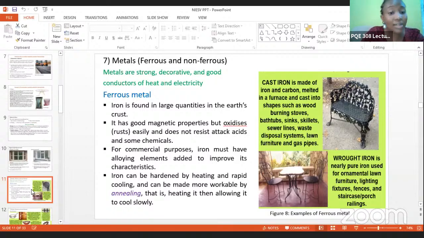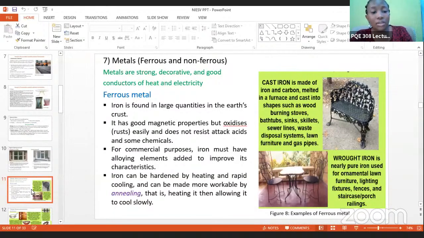Of course, metals are strong, they are decorative, they are conductors of heat and electricity. So we have examples of ferrous metals and examples of non-ferrous metals. For the ferrous metals, we have cast iron, wrought iron, mild steel, and stainless steel.